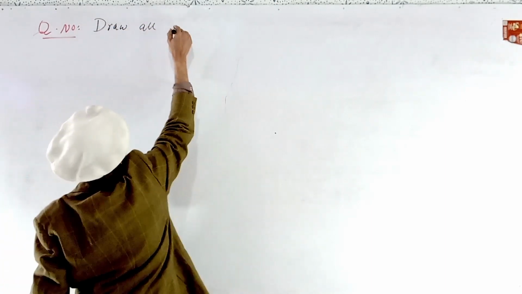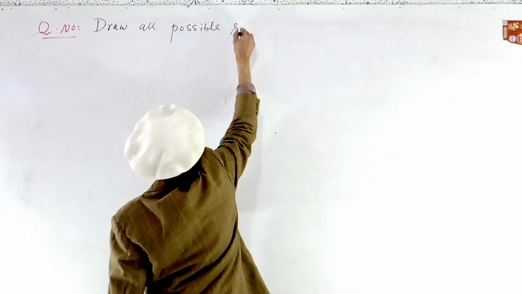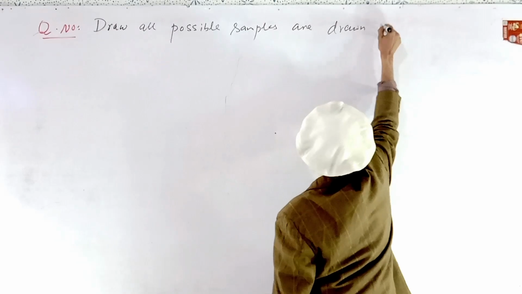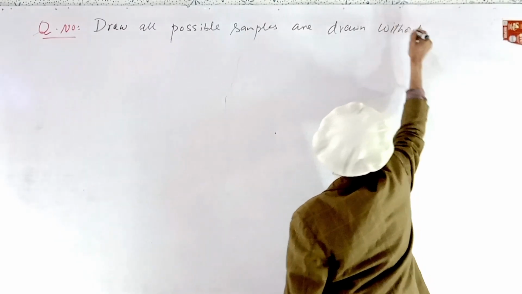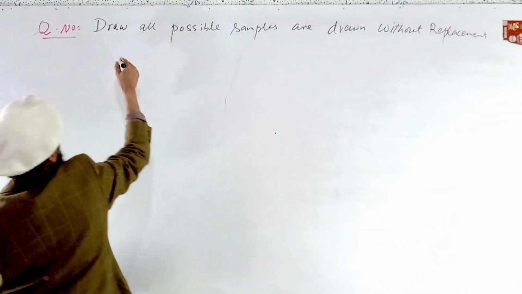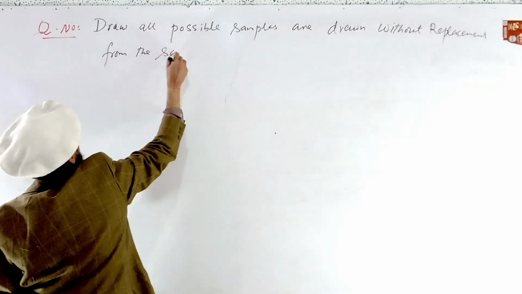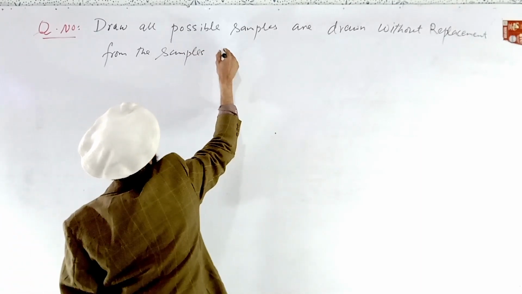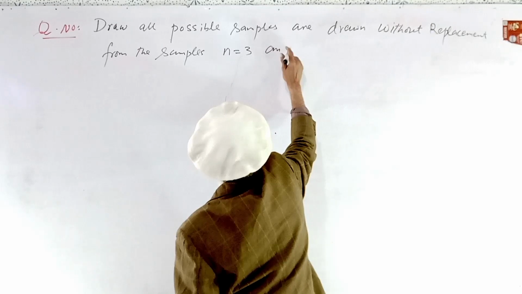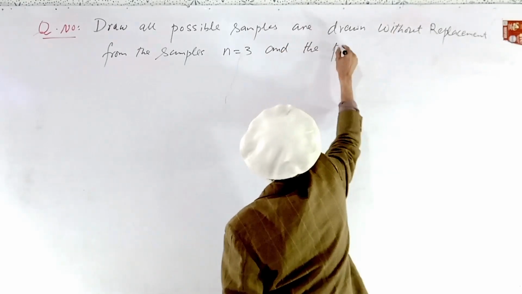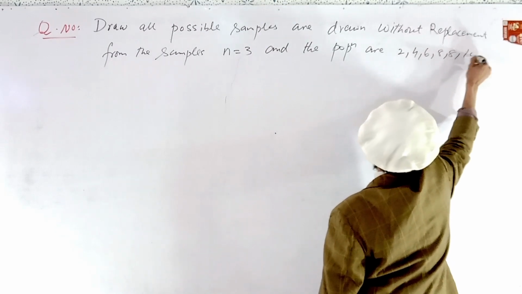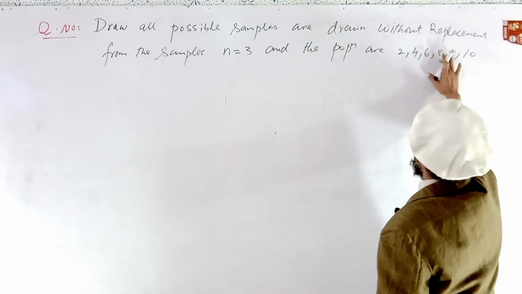Draw all possible samples drawn without replacement from the population, with sample size n equal to 3, and the population is 2, 4, 6, 8, 10.